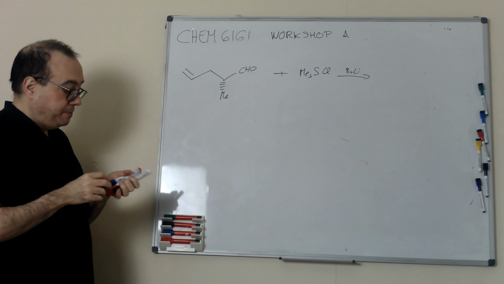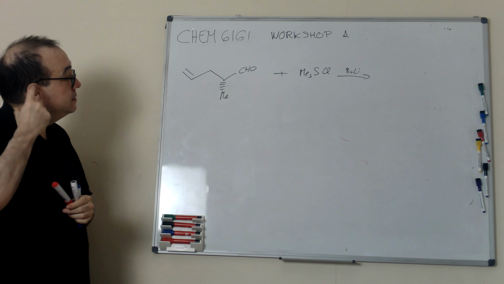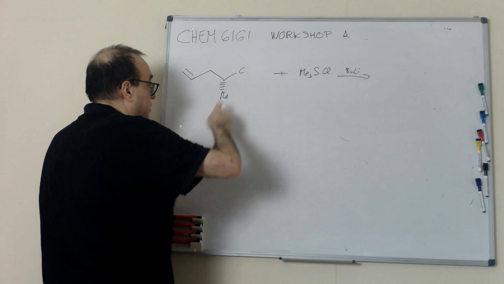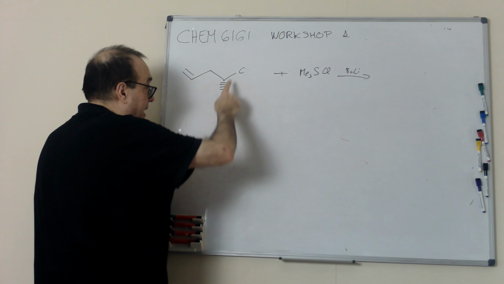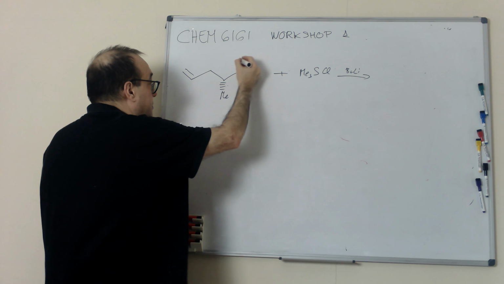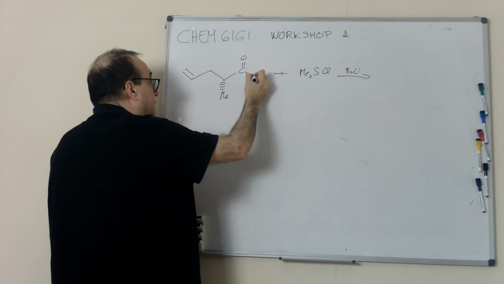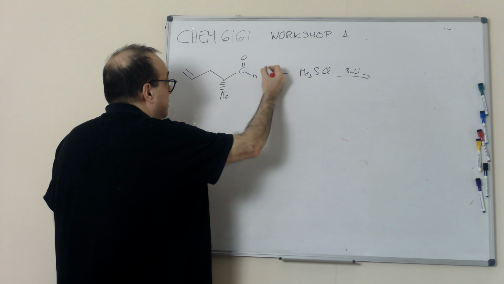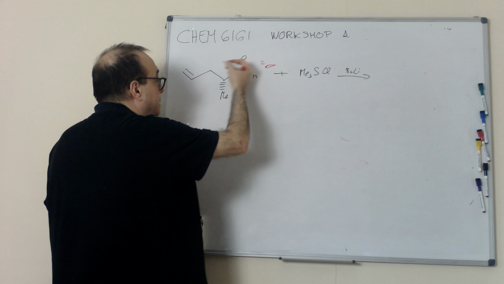In order to do this, basically what we need to do is to check how this methyl, this chiral center, is affecting the aldehyde.